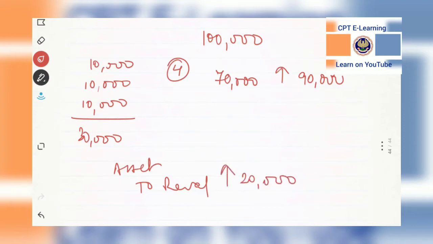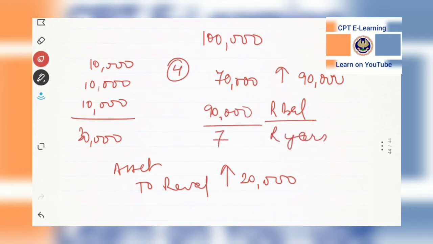But this also changes the depreciation, because what is the remaining balance now? The remaining balance now is 90,000. And what are the remaining years now? The remaining years now is 7. So what will be my new depreciation? 90,000 divided by 7, which will be somewhere around 12,857.